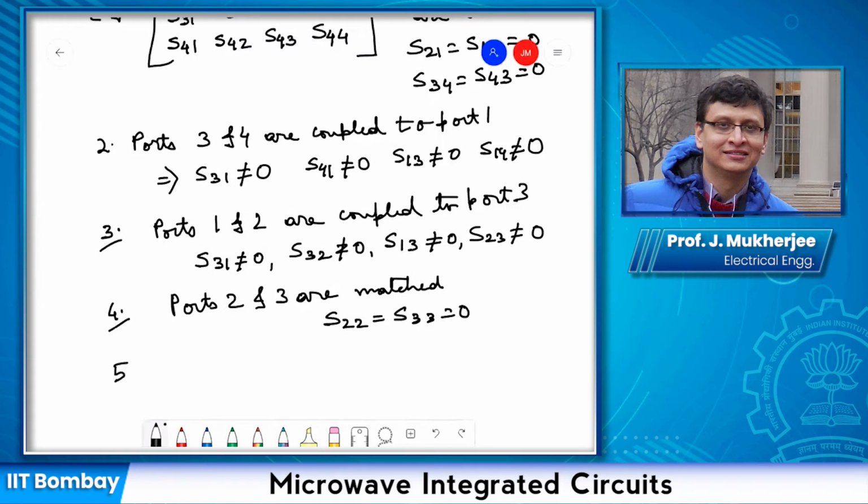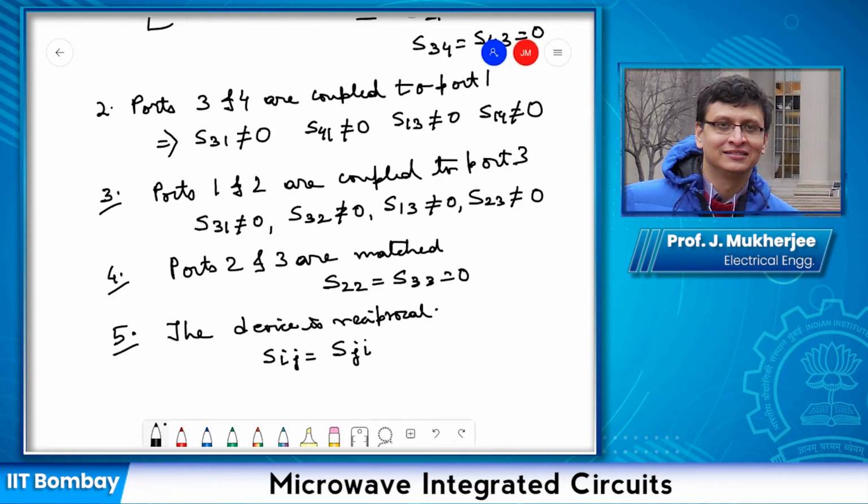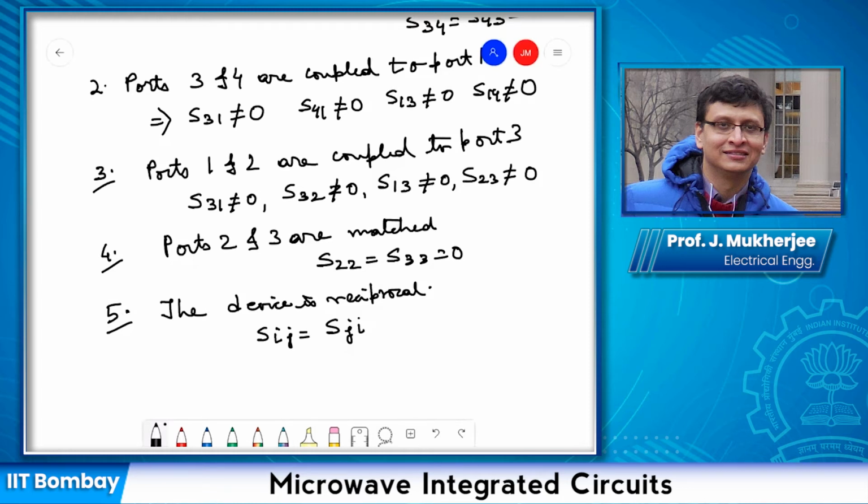The next property is that the device is reciprocal. So this implies Sij equal to Sji. Now, with that in mind, let us try to derive the other properties.